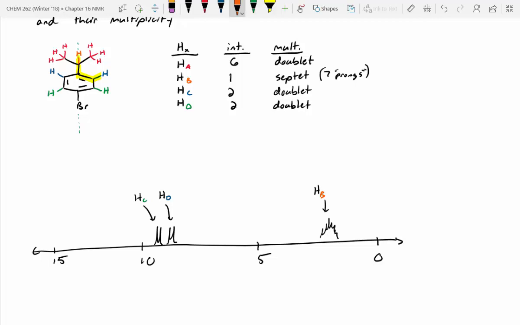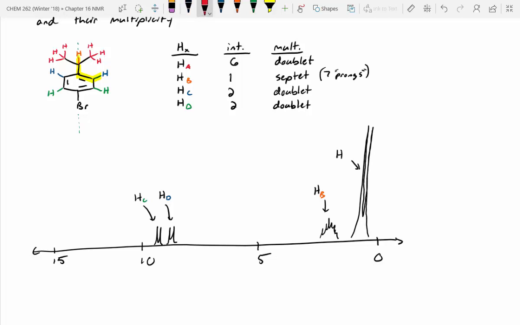But if you zoom in on that peak, you should see 7 unique prongs in that peak. And then HA, on the other hand, must be pretty big, right? So HA must be a really big doublet. So I'll go ahead and fill in that really big doublet. And it'll look like that.